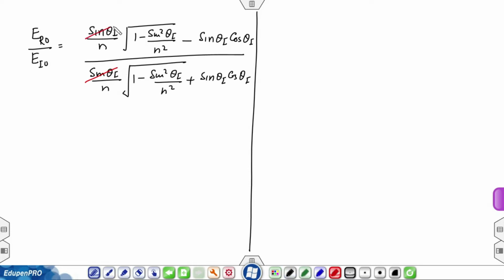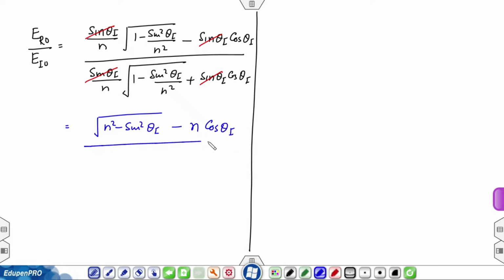Sine theta I cancels, and I can simplify this expression to square root of n square minus sine square theta I minus n cosine theta I divided by square root of n square minus sine square theta I plus n cosine of theta I. That is the ratio.